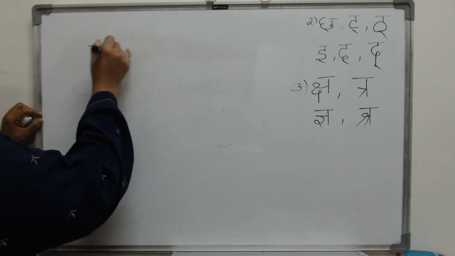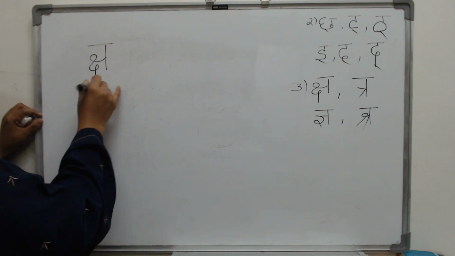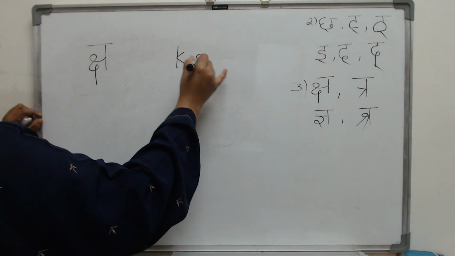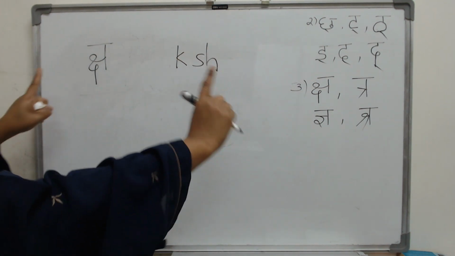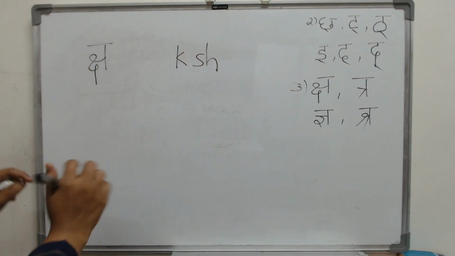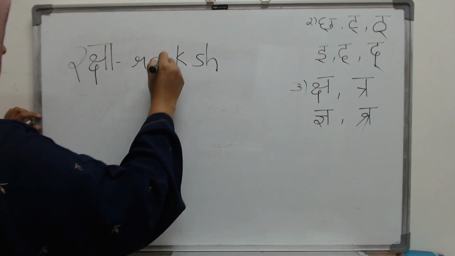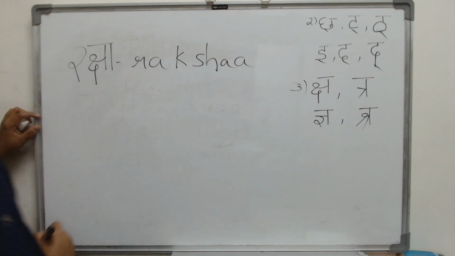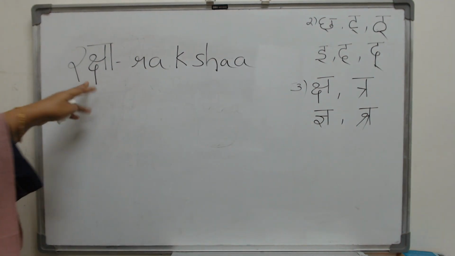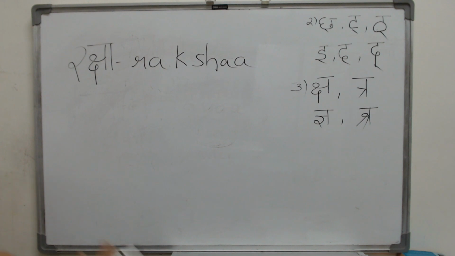For example, the first one, ksha, k plus sh. It gives the combination sound of both these letters. For example, raksha. See? So it looks like one alphabet, but it is k plus sh.